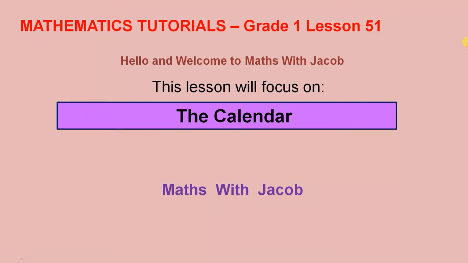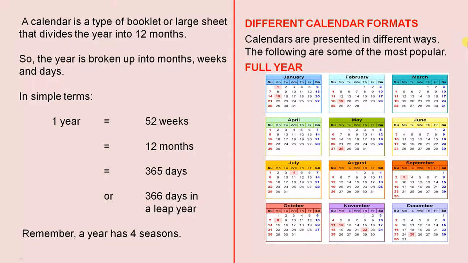This lesson will focus on the calendar. A calendar is a type of booklet or large sheet that divides the year into 12 months. So, the year is broken up into months, weeks and days.